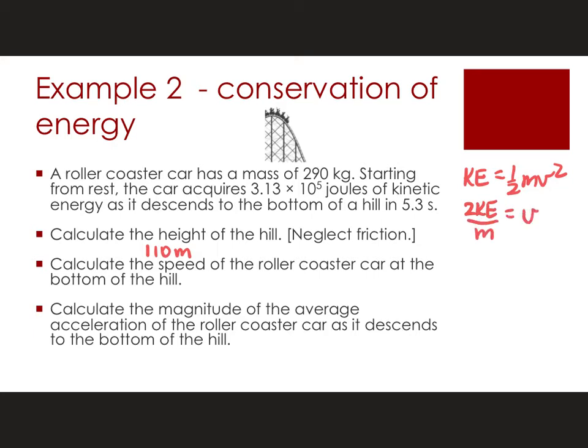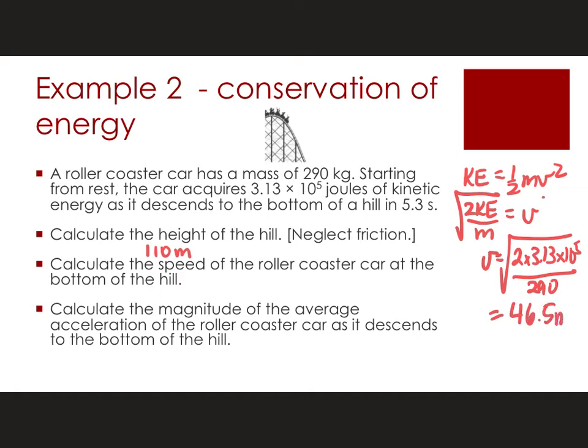That would give me v squared, but let's be a little bit lazy and go right to the square root. So 2 times 3.13 times 10 to the 5 over my mass of 290. Pick up my calculator, and I get 46.5 meters per second.